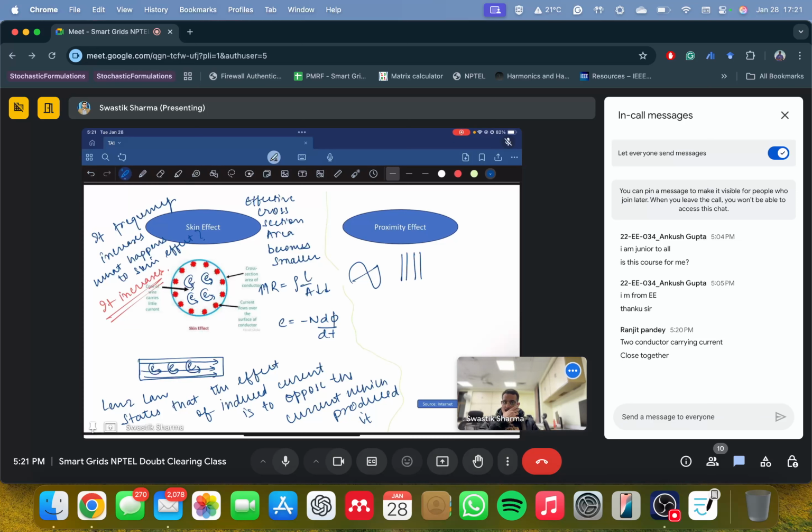It will oppose the flow of current in each other. Why is that? Because of Lenz's law. But how does Lenz's law come into the picture?